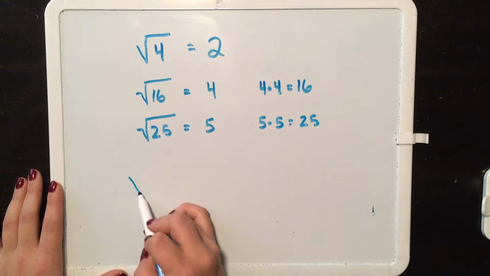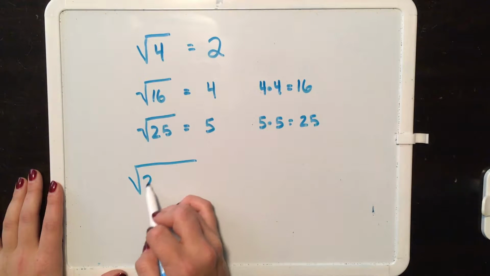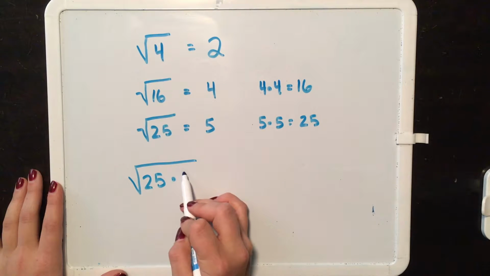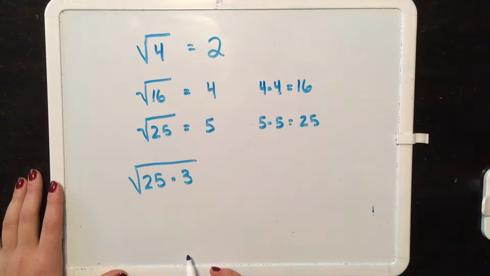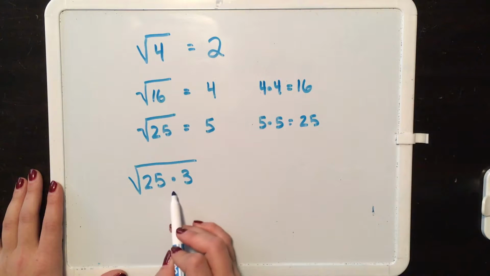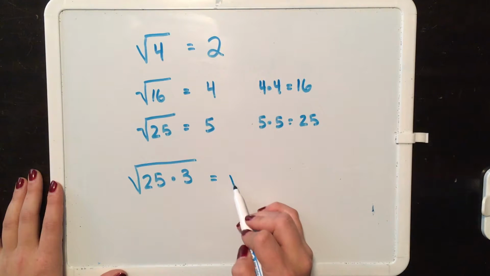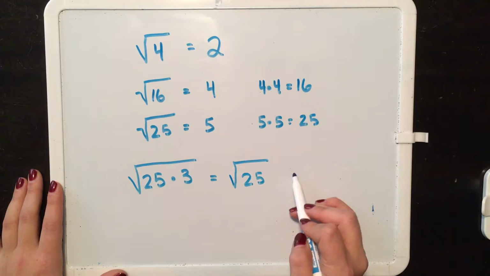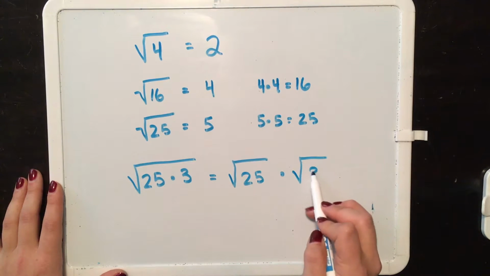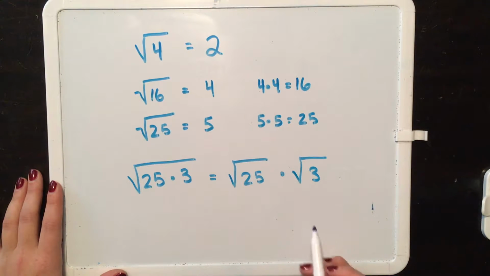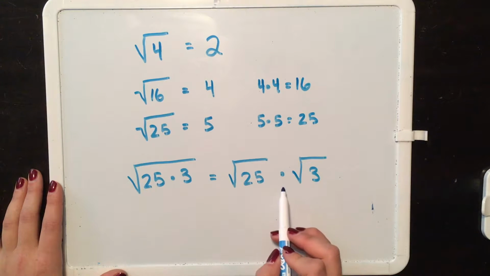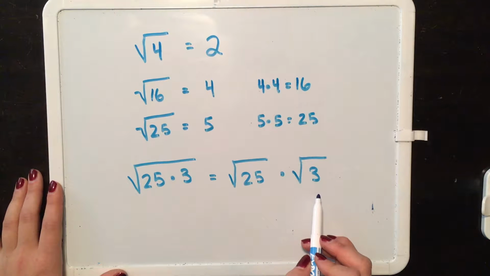But what if we have a square root and we have 25 times 3? Because it's multiplication underneath the square root, we can actually break this up into two square roots multiplied together. The square root of 25 times the square root of 3.